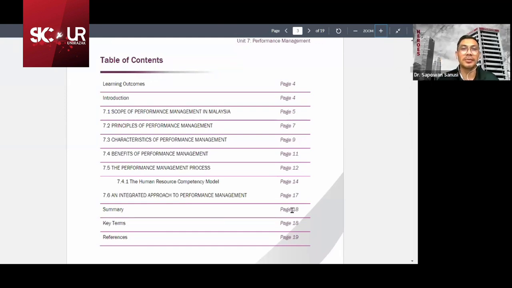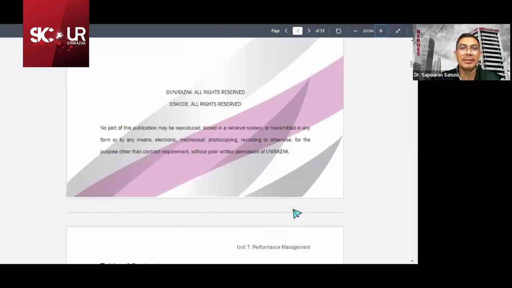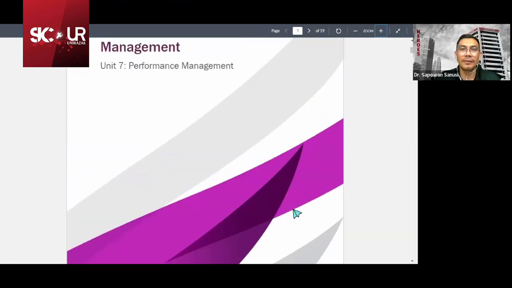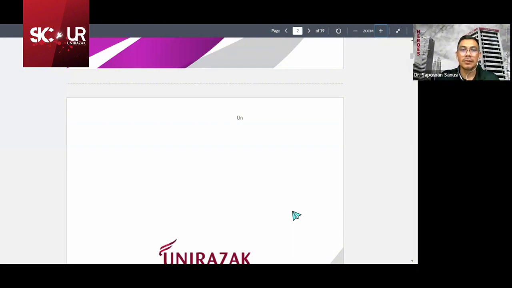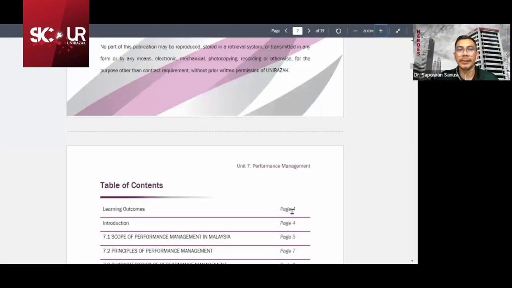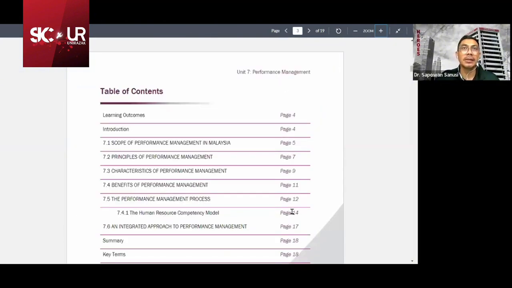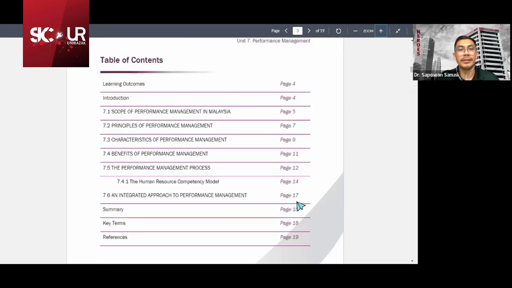Okay, we start with performance management in the view of strategic human resource management. This is the crucial part in terms of rewarding or giving some benefit to the employees. There is a scope of performance management in Malaysia.